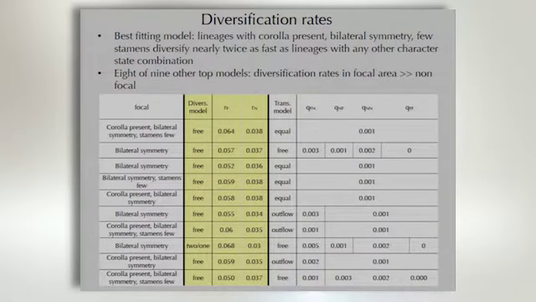And you can see for the top model, diversification of lineages that have this focal combination of characters is nearly twice the diversification of lineages that have any other combination of characters. And in 8 of the other 9 top models, diversification rates within the focal combination are much greater than diversification rates within the non-focal area. So diversification rates are clearly critical in affecting the distribution of character combinations across our data set.